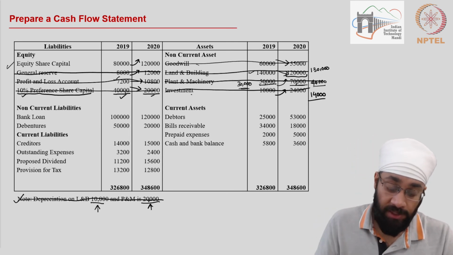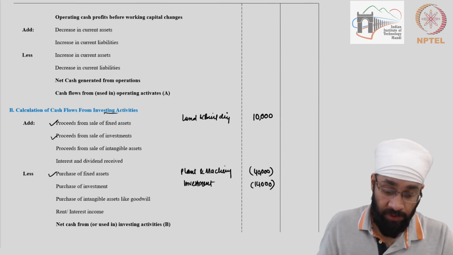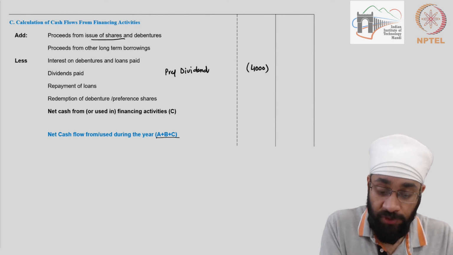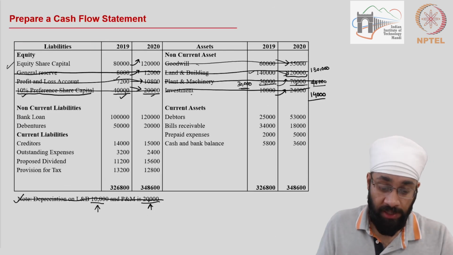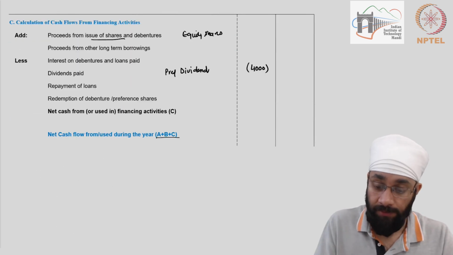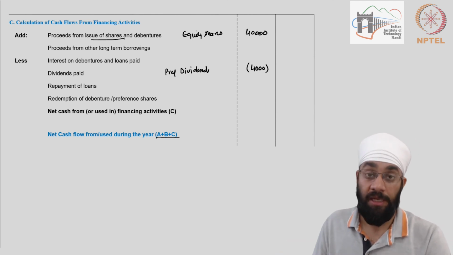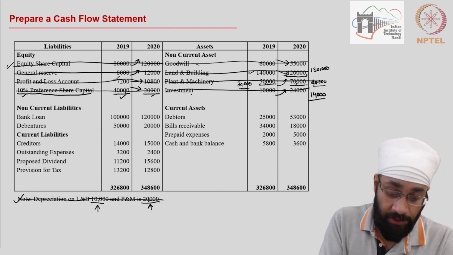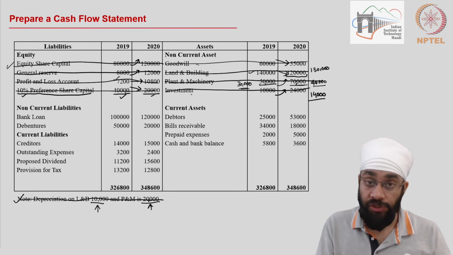So 40,000 is the cash inflow due to equity shares, and we are going to put this here, issue of shares. So equity shares have been issued and the amount is 40,000, and this is a positive number because this is an inflow. Done. So now we are done with the first section in the balance sheet.